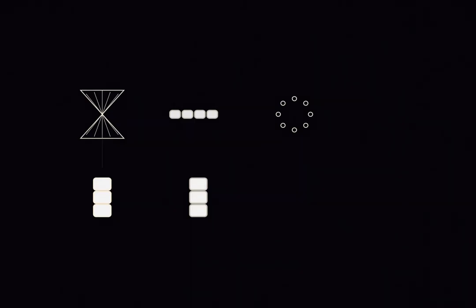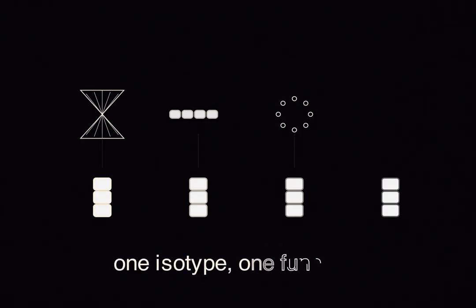One isotype for the spindles of dividing cells, another for the long cables of nerve cells, another for the beating cores of cilia. One isotype, one function. The genome as a stonemason's yard, a different stone stacked ready for every structure in the city. It was exactly the kind of idea a field falls in love with, tidy, sensible, and flattering to the genes.